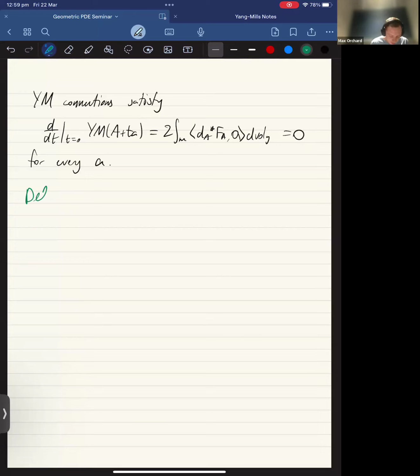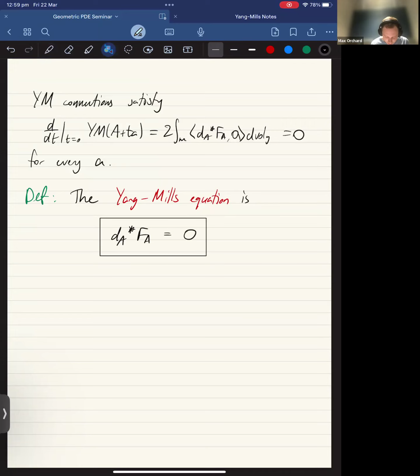And that is, it satisfies the so-called Yang-Mills equation. If you look at this adjoint of the derivative of the curvature, it itself is equal to 0. This is the Yang-Mills equation. And it follows from just what we said above, if you have a Yang-Mills connection.